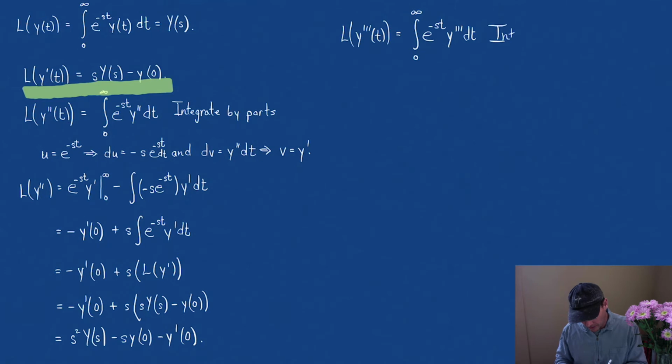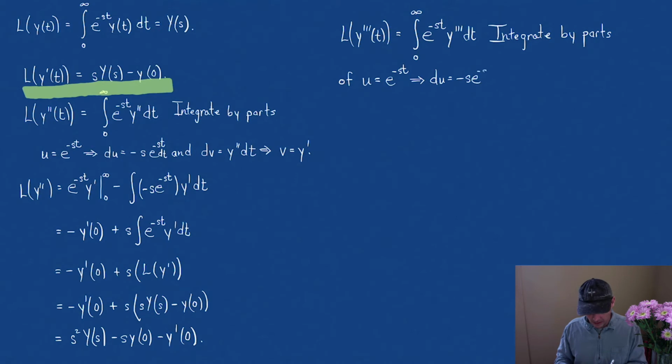For our u, again, we'll use the e to the minus st. So that's going to give me du is minus s e to the minus st dt.